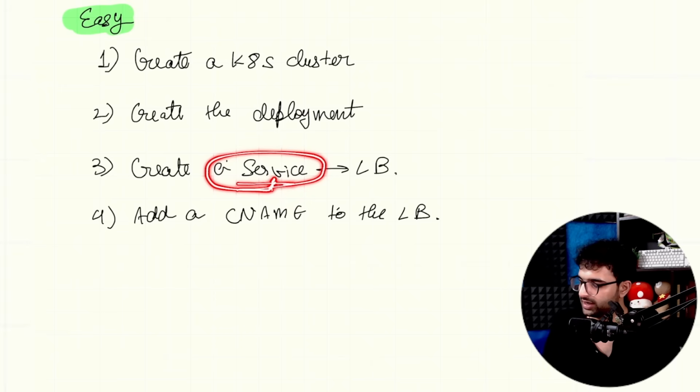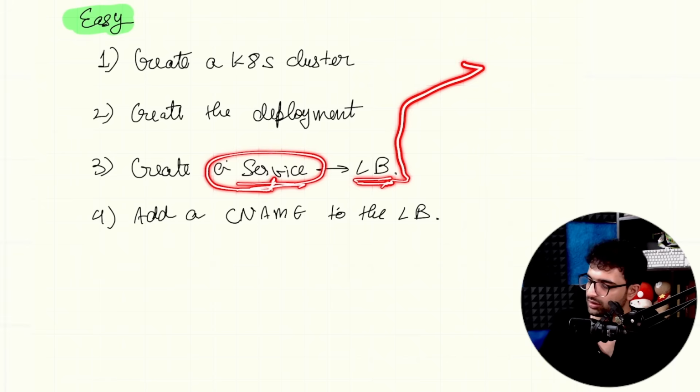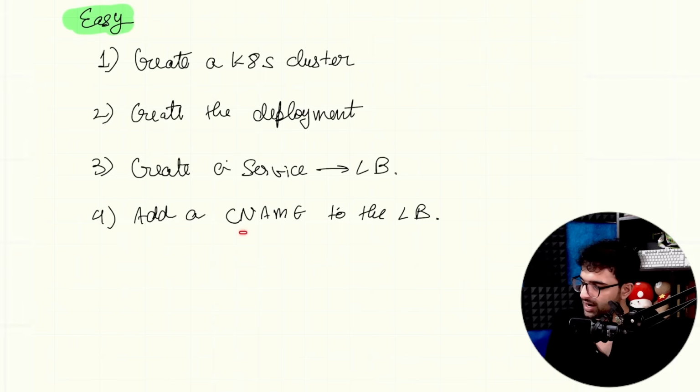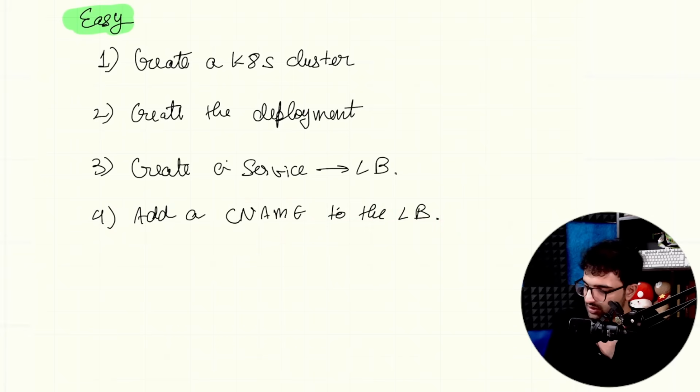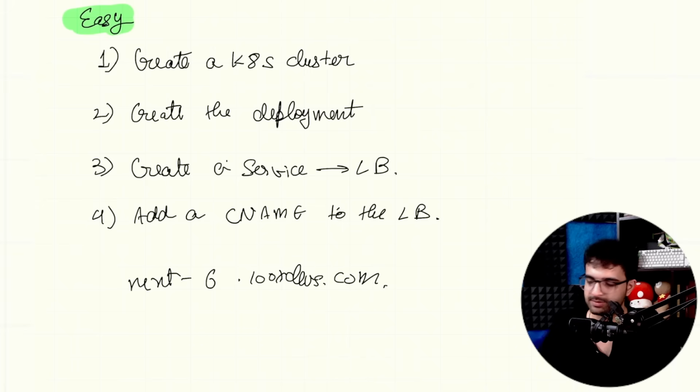You can create a service of type load balancer, which will pretty much create a load balancer for you, that is going to route requests to your final containers. And lastly, add a CNAME record in domains.google.com so that the final application is hosted on next/6.100xdevs.com. Let's go over all of these steps one by one.